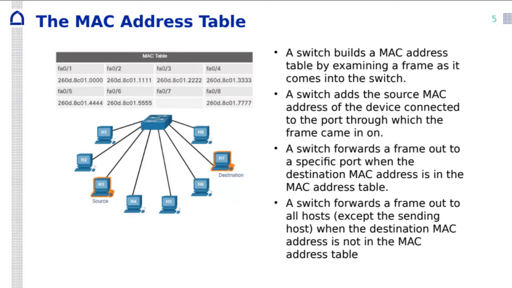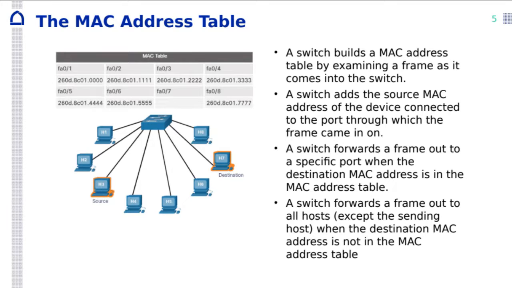This is the MAC address table. This is an example. Each port, for example FastEthernet 0/1, is connected to a device with a MAC address, let's say H1. Then port number 2, FastEthernet 0/2, is connected to the MAC address of computer 2 or H2, and so on.